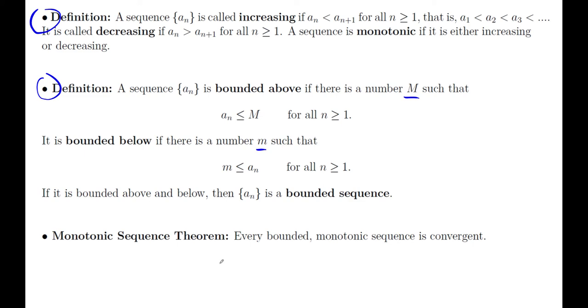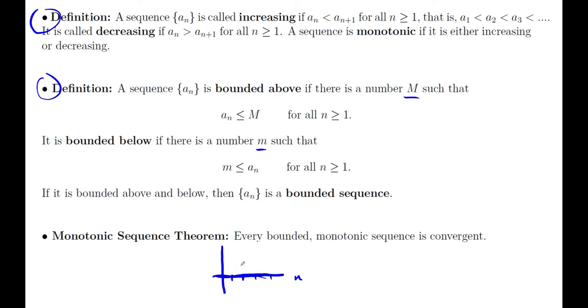Here's what I'll say about that. It sounds like a real fancy theorem, but it actually makes perfect sense. Let's say this is n, 1, 2, 3, and so on.